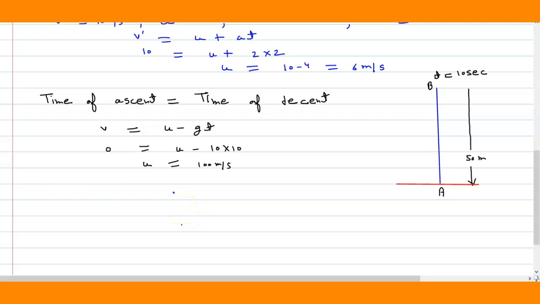Sir, actually I used the second formula instead of the first. Yes, second equation. But applying the second equation, the answer is wrong. Time of ascent is equal to time of descent.